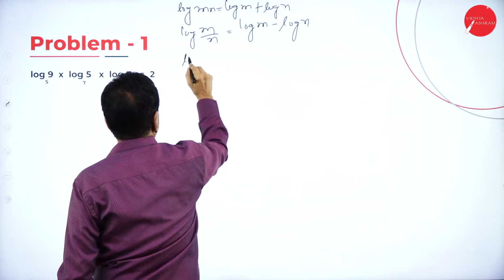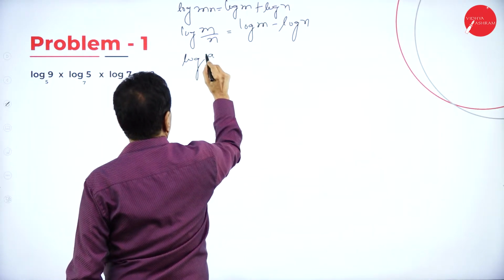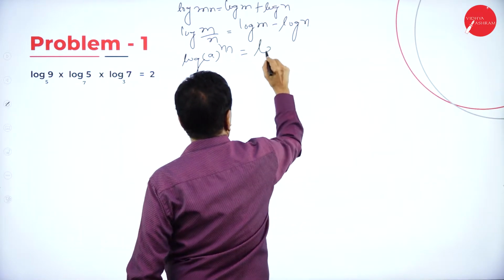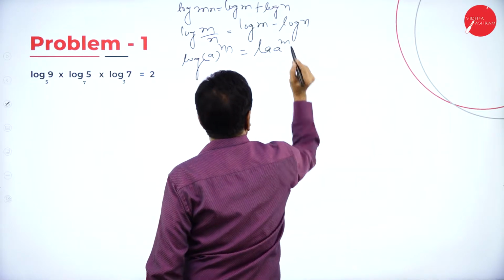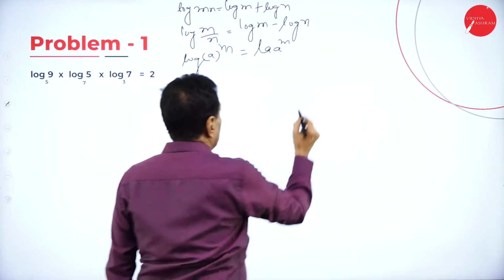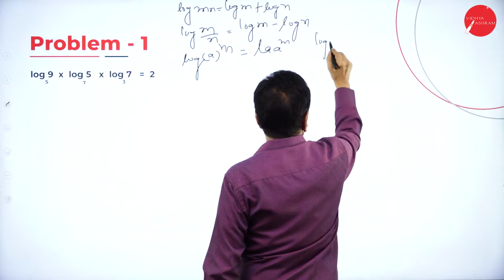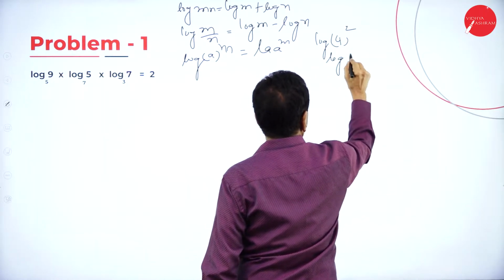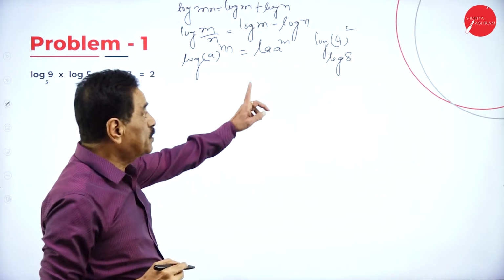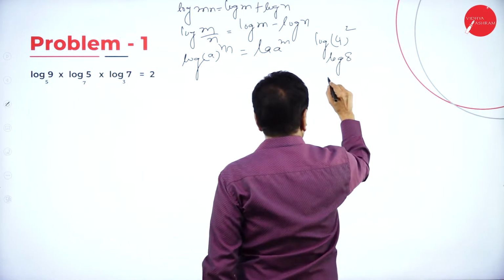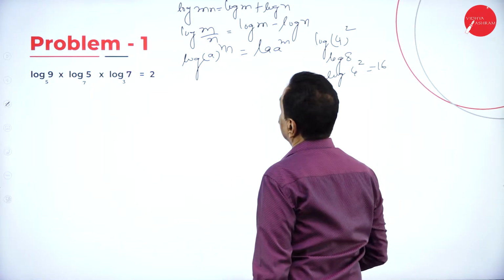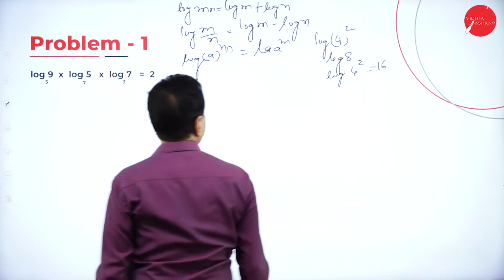Then log a to the power of m can be written as m log a. Or we can say log 4 to the power of 2 can be written as 2 log 4. By chance, if you write log 4 squared, this is log 16. Then change of base.